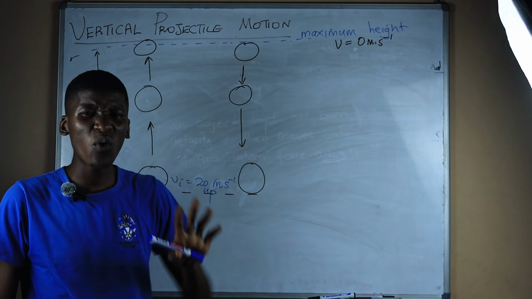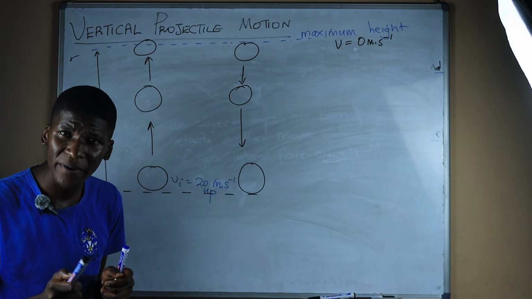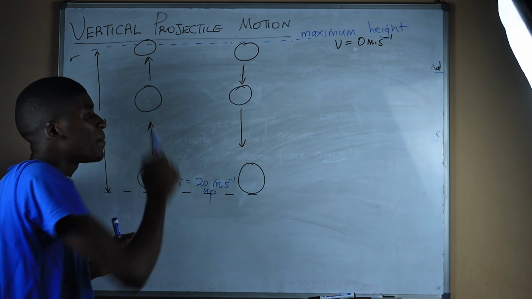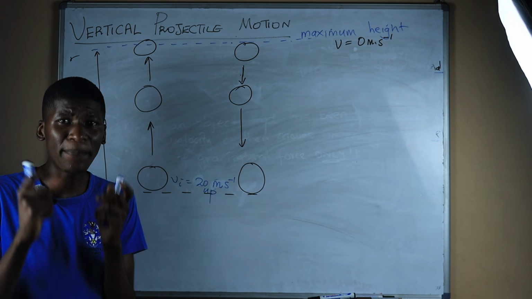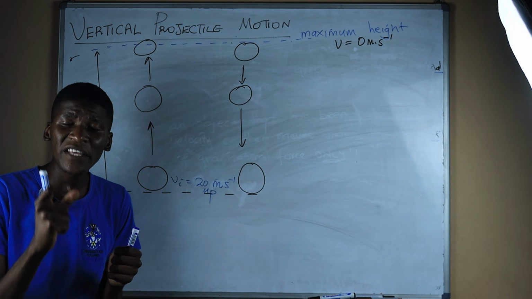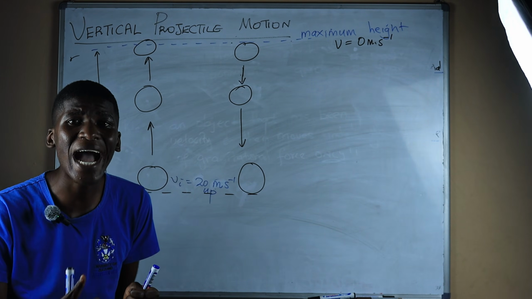Okay, so now look at this. It started with a velocity of 20 meters per second up. But when it gets to the top, it has got a velocity of 0. So what can you tell about the velocity there? The velocity actually decreases as the object is going up.